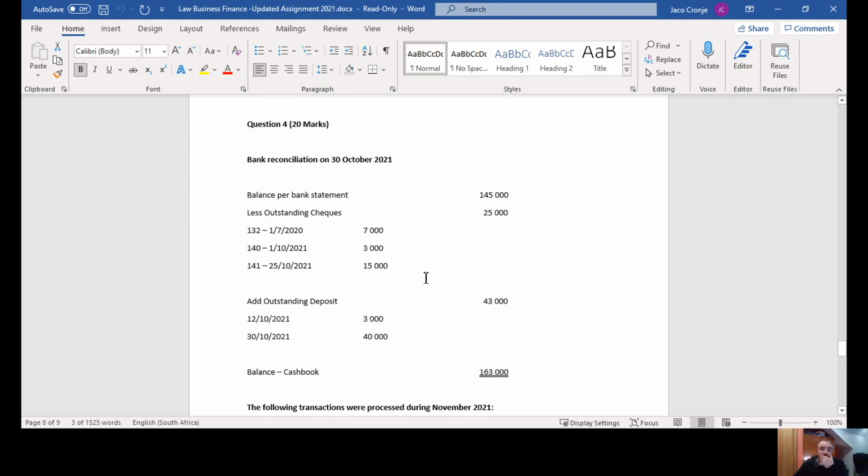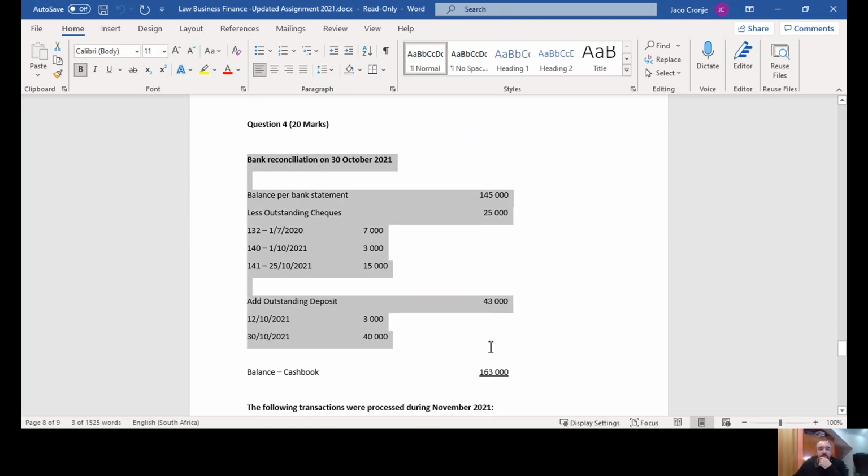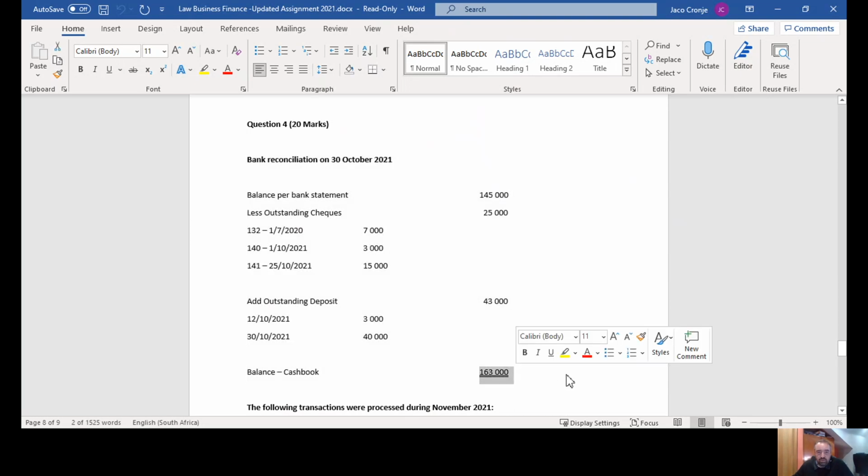Okay, right, so let's have a read through. Firstly, they say this is our bank reconciliation for 30 October. Okay, so this is last month's bank recon. So why do they give us this info? Firstly, the 163,000 is the opening balance of my cash book for this month. Last month's closing balance is this month's opening balance. Okay.